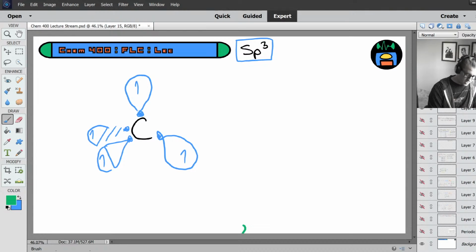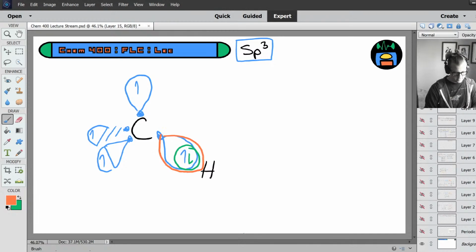It comes in and it overlaps its 1s orbital with the sp3 hybrid orbital that carbon has, and that constructive orbital overlap makes the carbon-hydrogen single bond. All right?